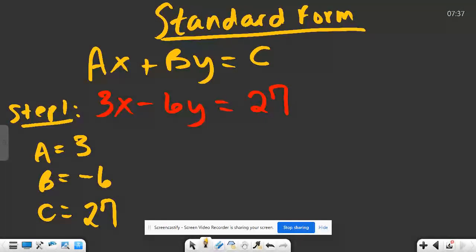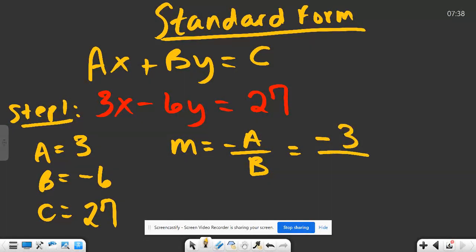You're going to find the slope, and the slope is -a over b. So in other words, my slope will be negative, and then the number I have for A is 3, so I'm going to put 3. The number that I have for B is -6.